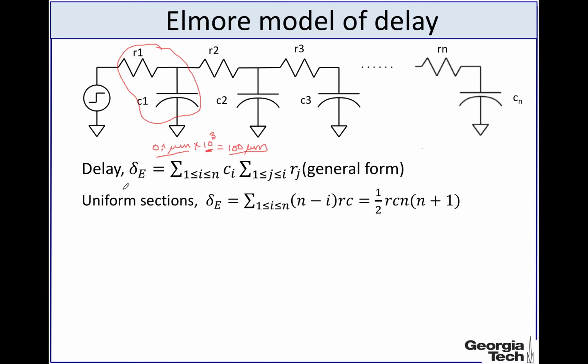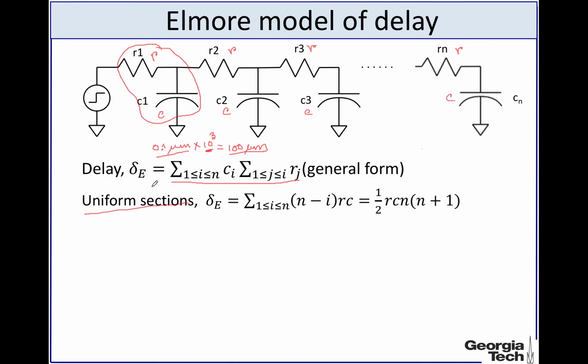Alright, so the delay is given by this equation over here, and let's say each of the segments is represented by a constant resistance, meaning that this R1 equals R, this R2 equals R, R3, all of these are given by the same value R, and the C's are given by the same C. So basically we have broken the entire system into equal sections, sections of equal resistance and capacitance.